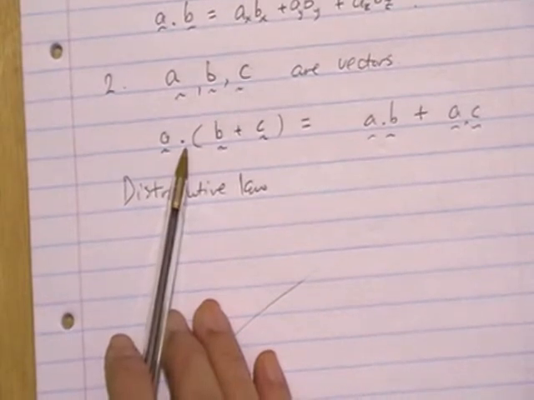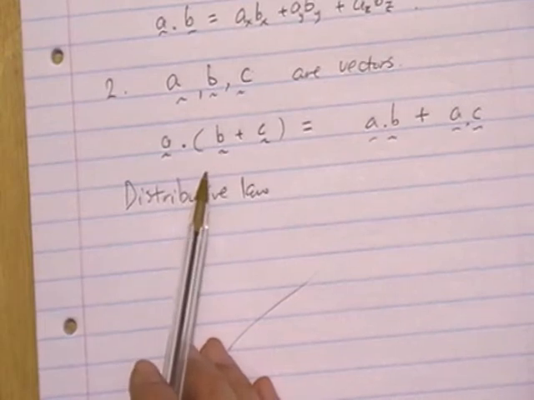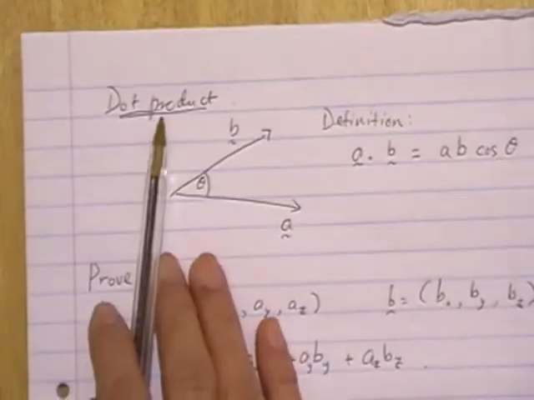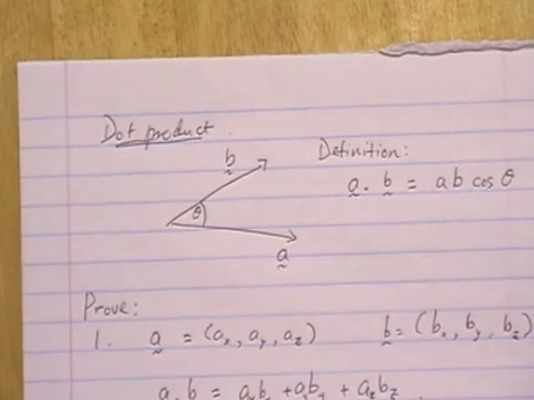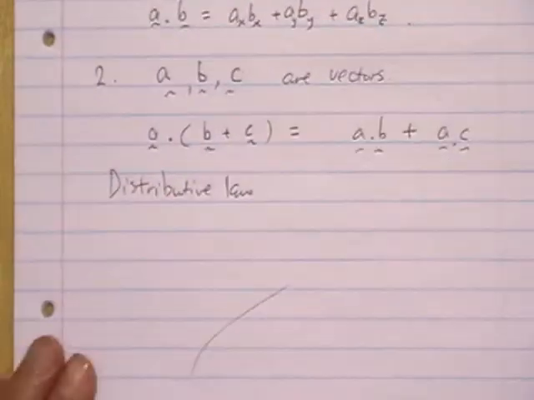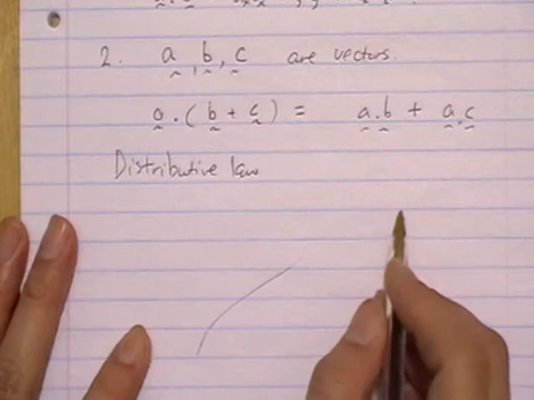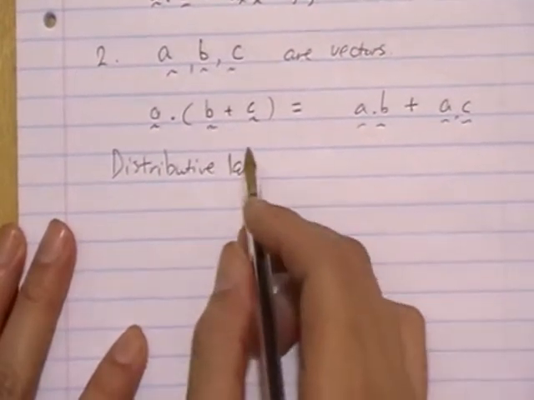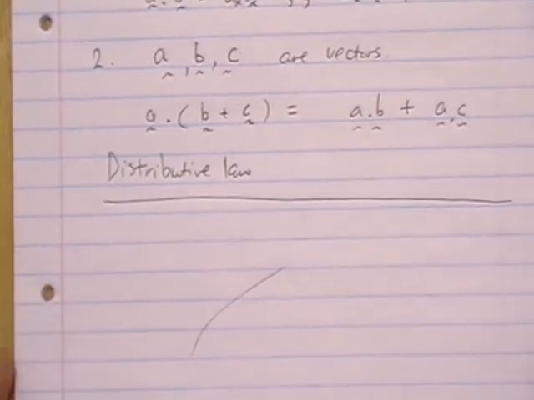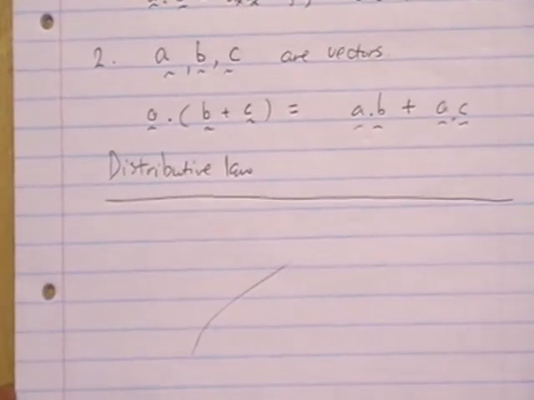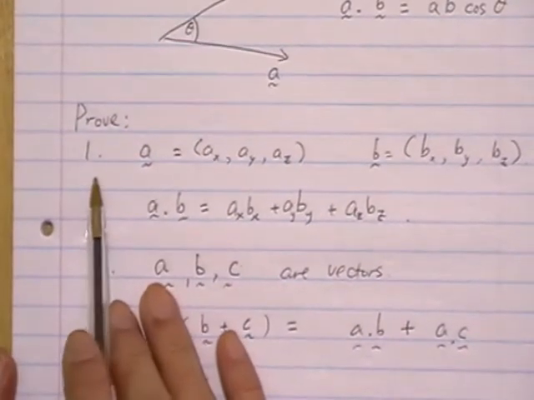Because of this similarity, that is one of the reasons why the name product is used for this particular operation. But even so, we have to be careful that this is not really a multiplication in the simple sense for simple numbers. Right. So having made that clear, let me start with the first thing that I want to prove.